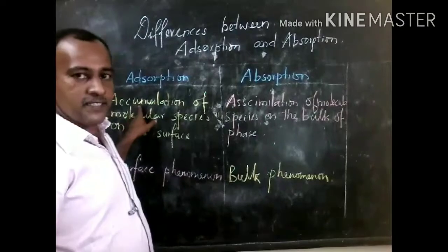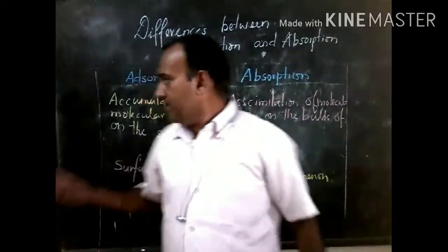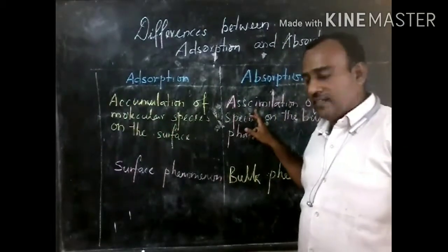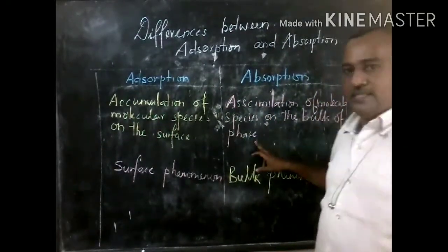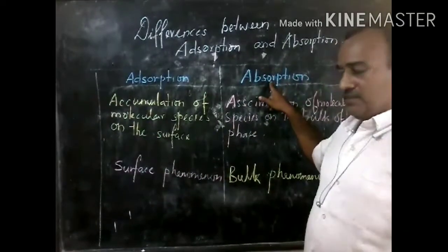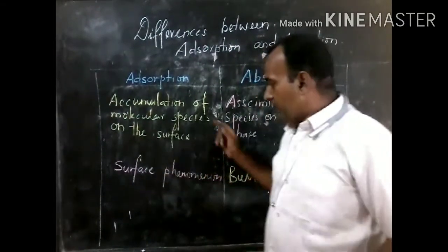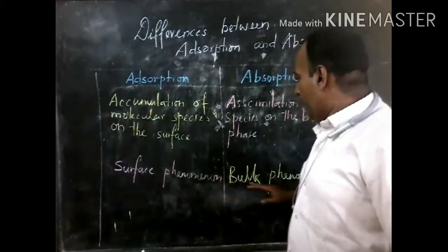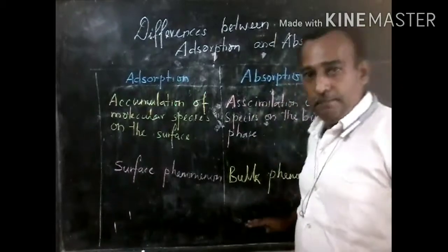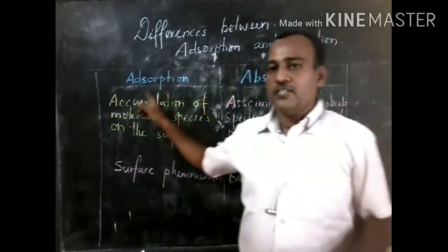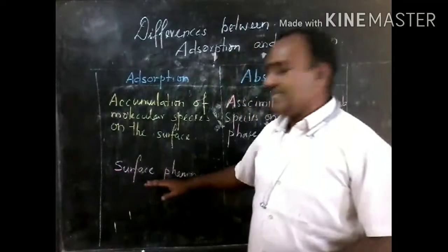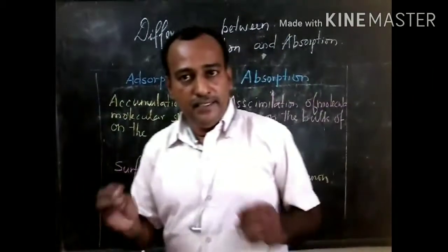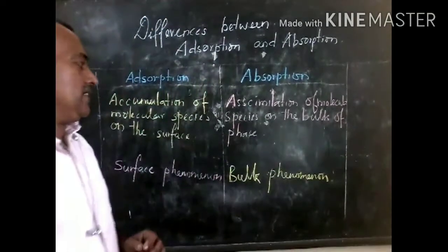So from this difference you can understand adsorption is a surface phenomenon, whereas absorption is a bulk phenomenon. That means adsorption takes place on the surface, whereas absorption takes place in the bulk of the phase.